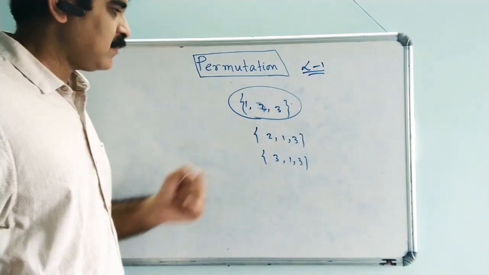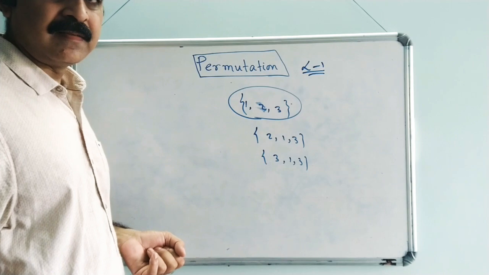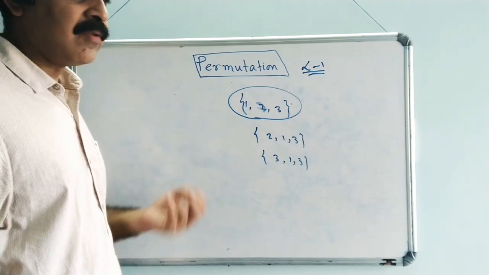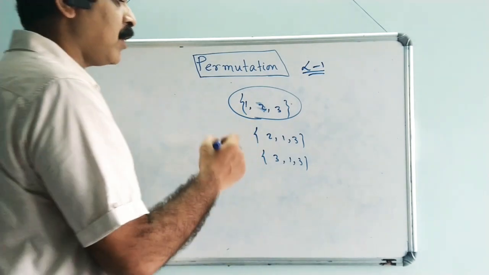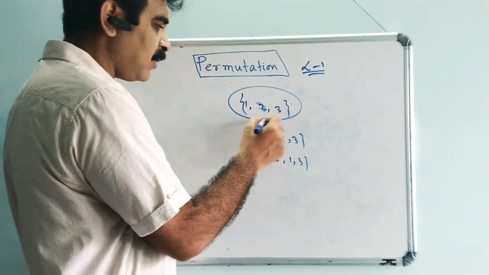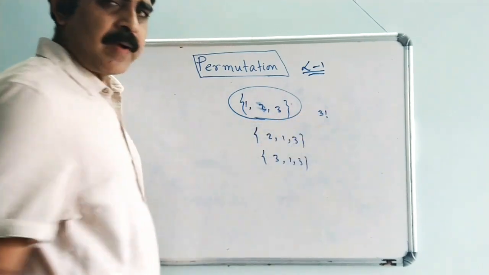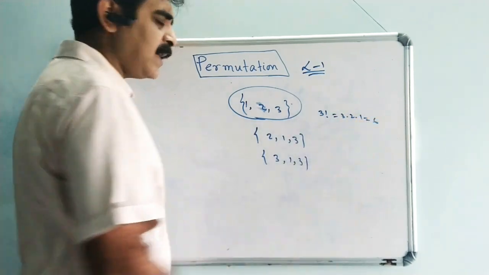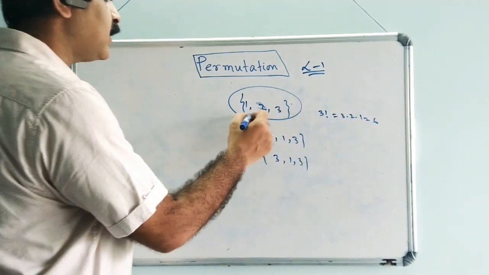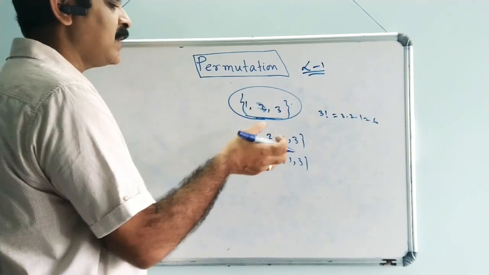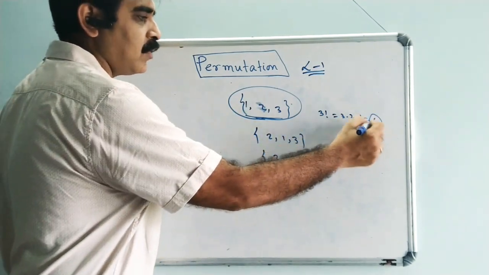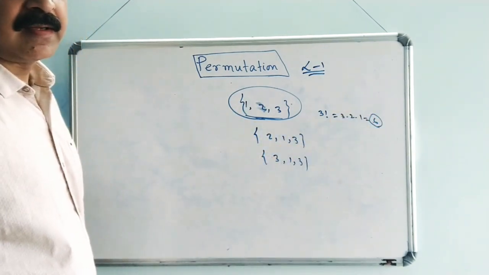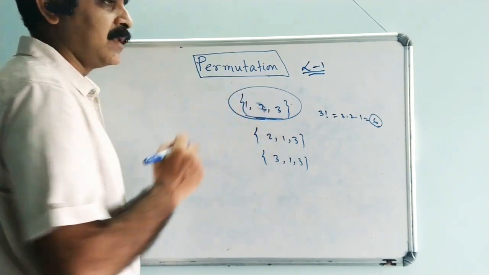We know that the number of different arrangements of three objects is factorial 3, that is 3 into 2 into 1 equal to 6. So we can arrange them in 6 different ways, and these are called the permutations of this object.